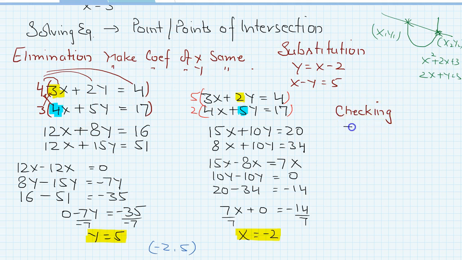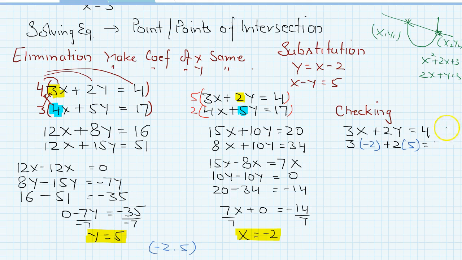Our first equation is 3x plus 2y is equal to 4. X is minus 2. So I am putting 3 multiplied by minus 2 plus 2y, 2 multiplied by y is 5, is equal to 4.